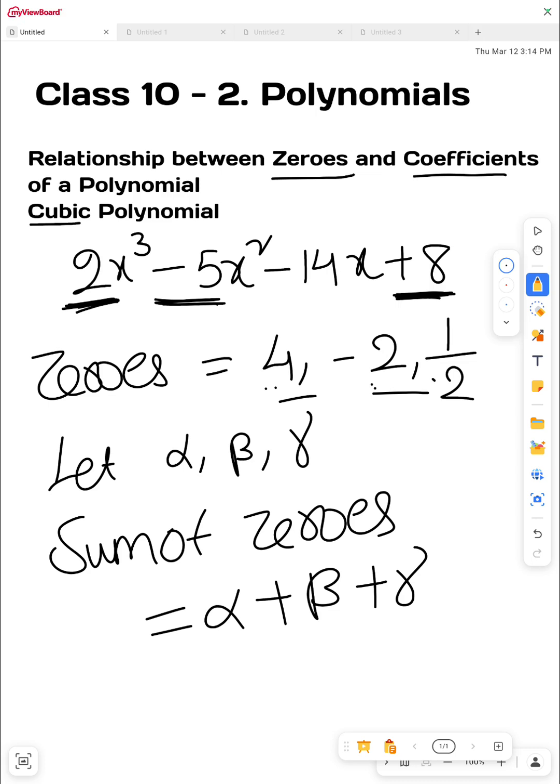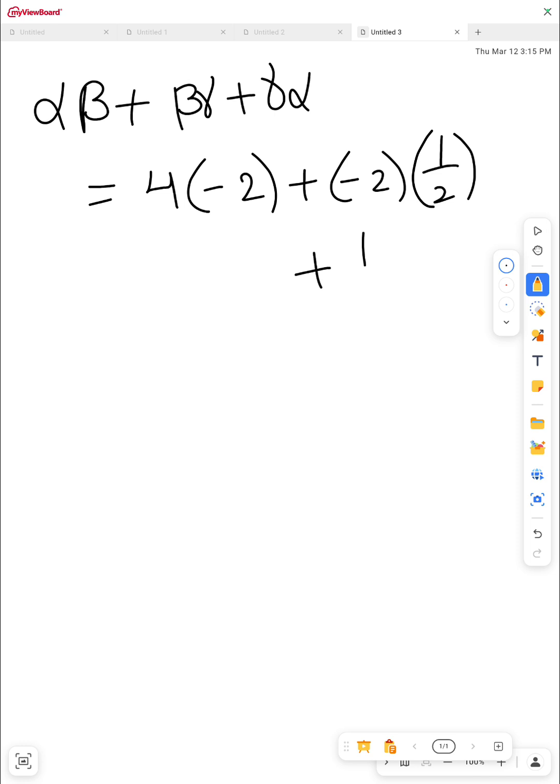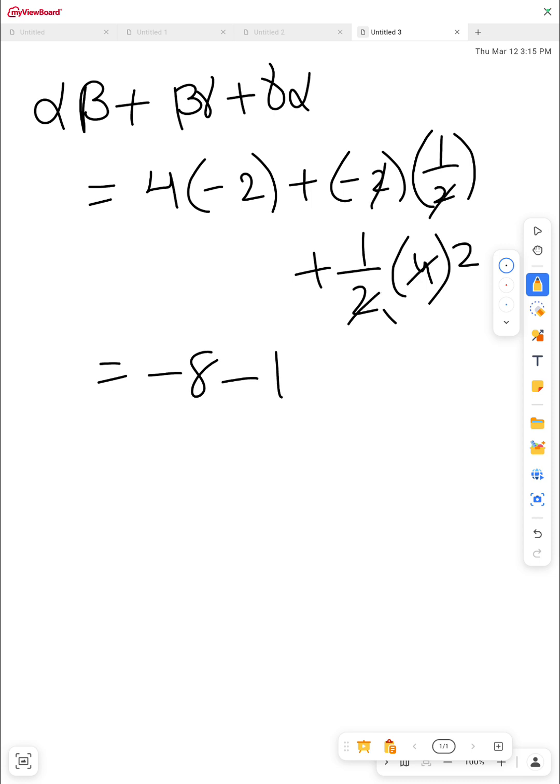Let's take it as the same, alpha, beta and gamma. Alpha value is 4 into minus 2 plus minus 2 into 1 by 2 plus 1 by 2 into 4. Here 4 2s are 8, minus 8, 2 1s are 2, which is minus 1, 2 1s are 2, which is plus 2. Here I will get minus 9 plus 2, which is minus 7.